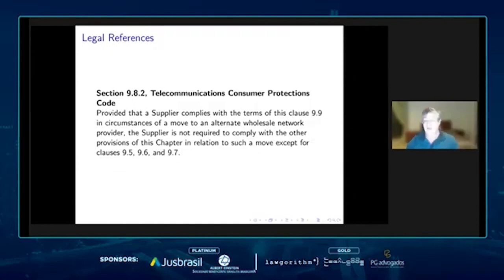When I look here, I have no idea whatsoever what the content of 9.9, 9.5, 9.6, and 9.7 is.